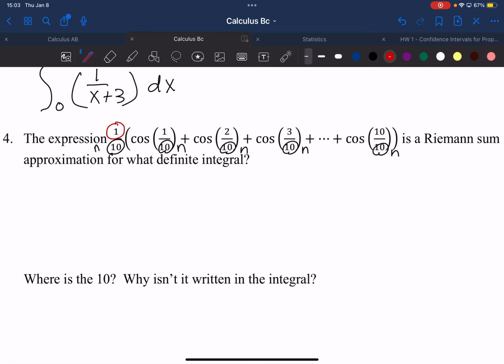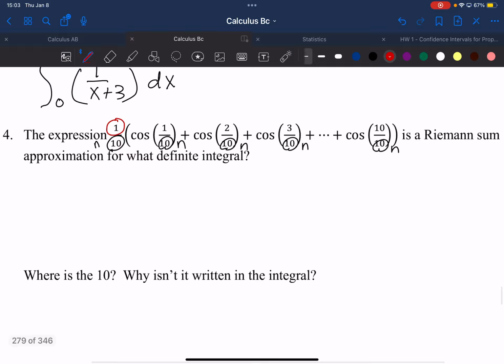Ignore the concept of n, just look at the numbers. Like if it's 1/10, 2/10, 3/10, all the way to 10/10, that means it's in what range? 1/10 to 10/10, so it's at or below 1, correct?